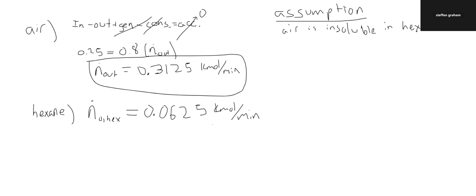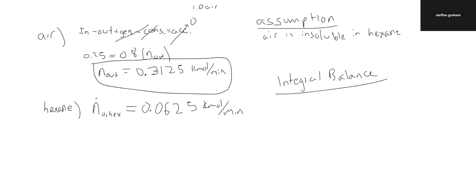And so now we're pretty much ready to solve for the amount of time. You can just reason through how to set this up and solve for it, but I'm going to note that it is what's called an integral balance. That's what we're doing here with this time term.